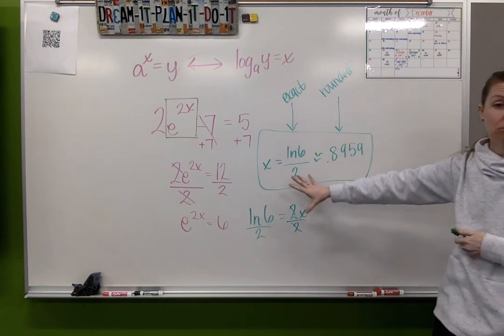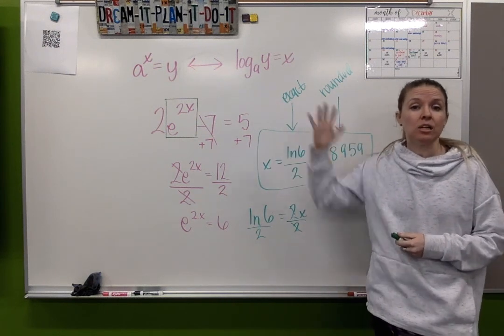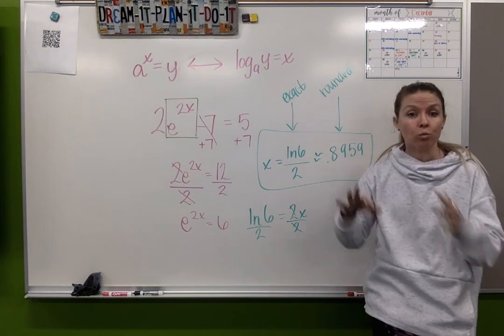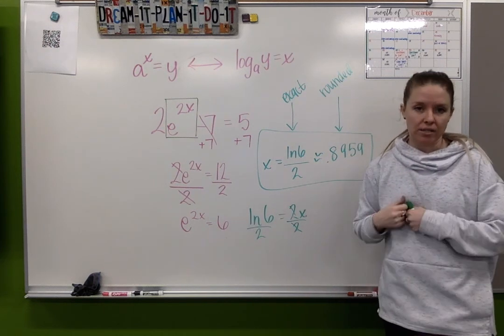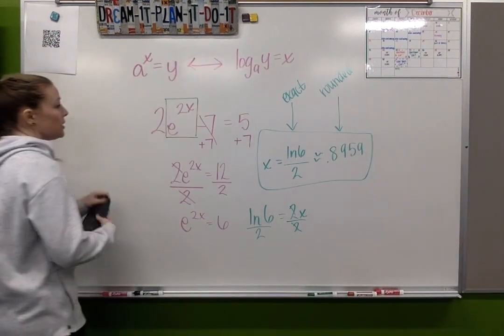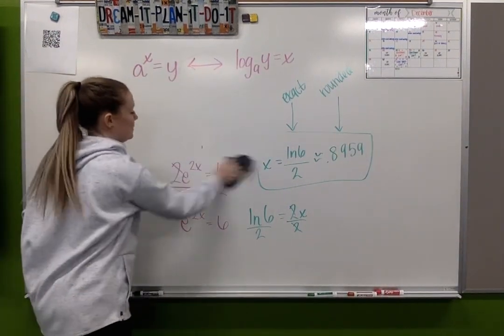All right, this is why we have logs, so we can solve these types of equations. Sometimes our equations are already logs, so we've got to see how to solve those. So we got another example.